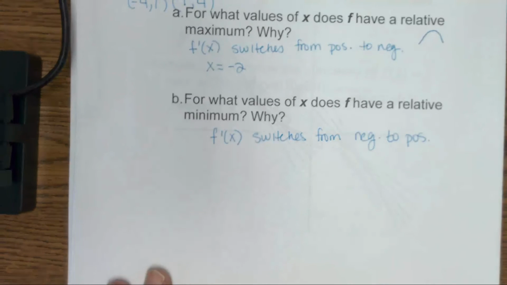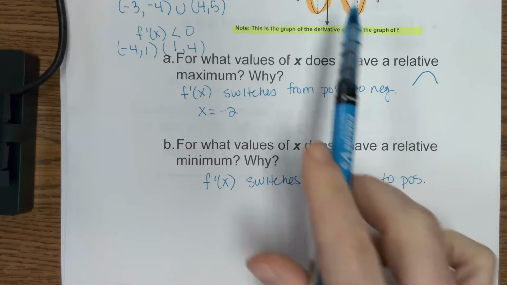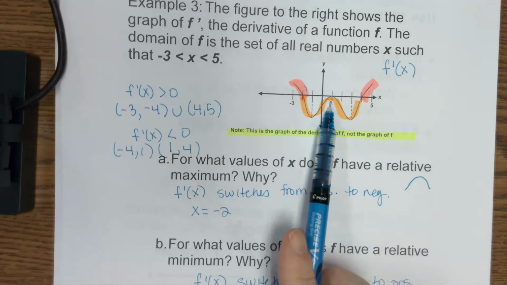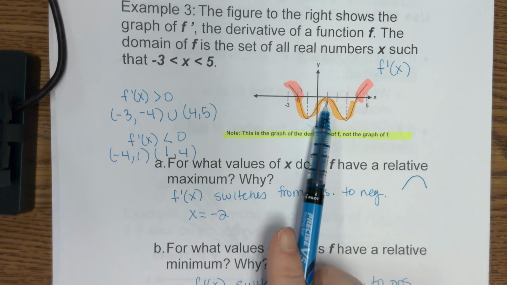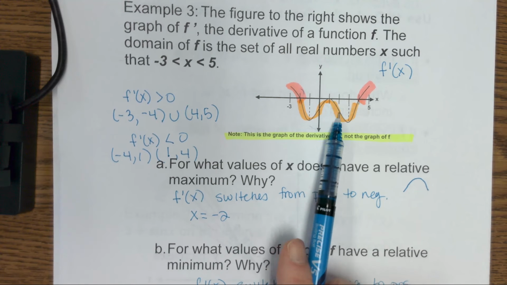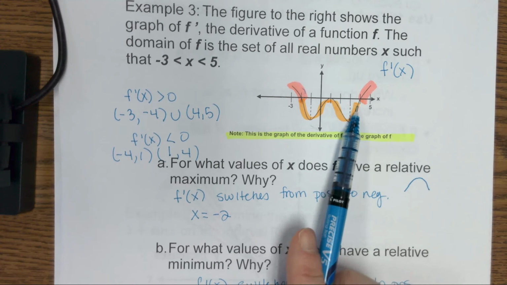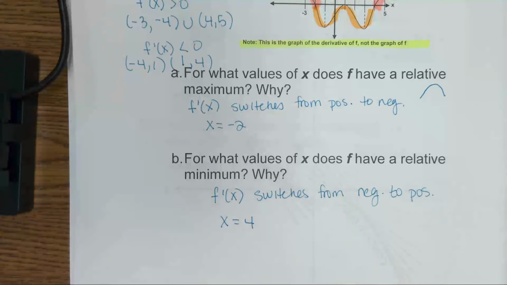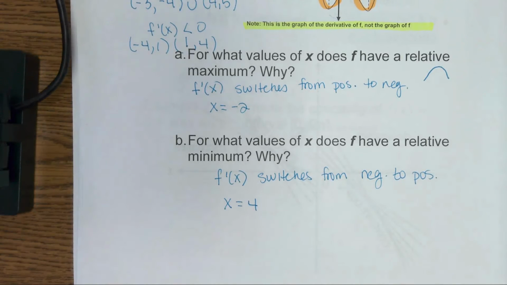So where that happens is it's negative, it's 0, careful, it's 0 here, but this is one of those critical values that doesn't give us an extrema because the sign doesn't switch, it stays negative. It finally switches from negative to positive at x equals 4. So that is where the relative minimum would occur.